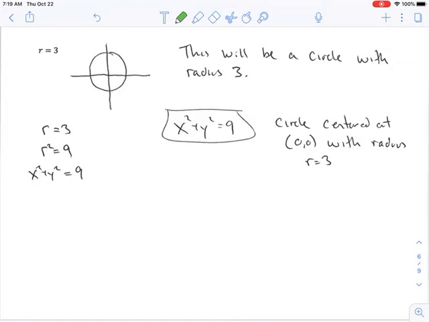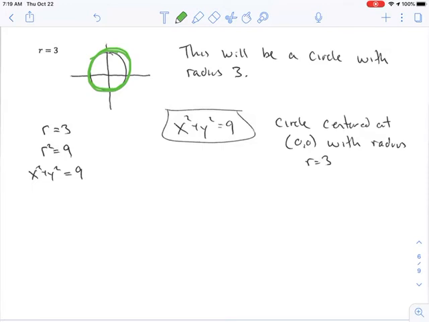Well, that's going to be a circle, because every point on that circle has a radius of 3. So that's what the graph is going to look like, another circle.